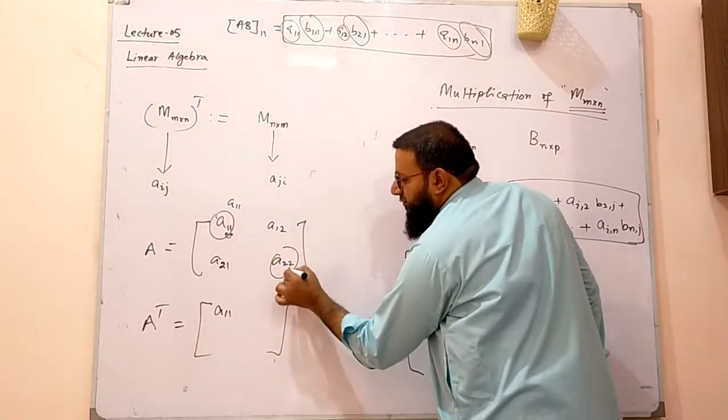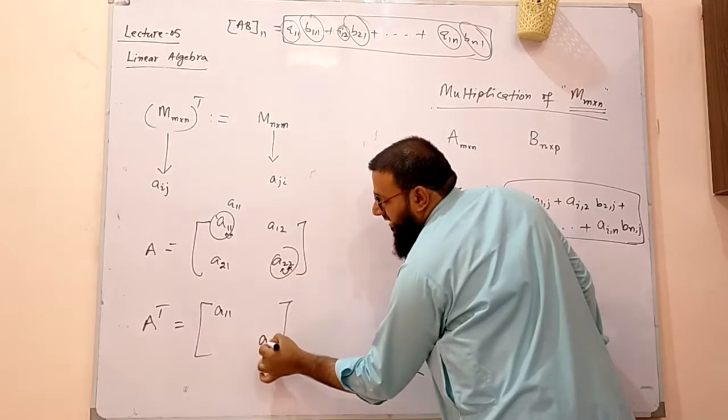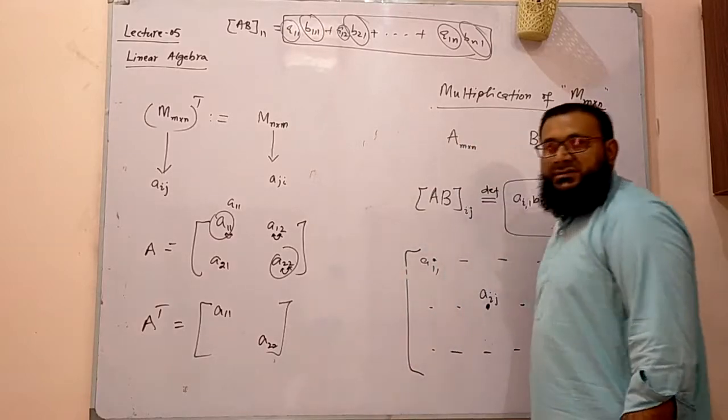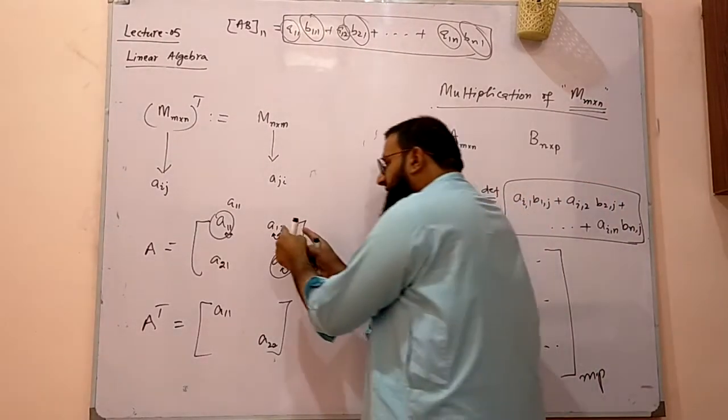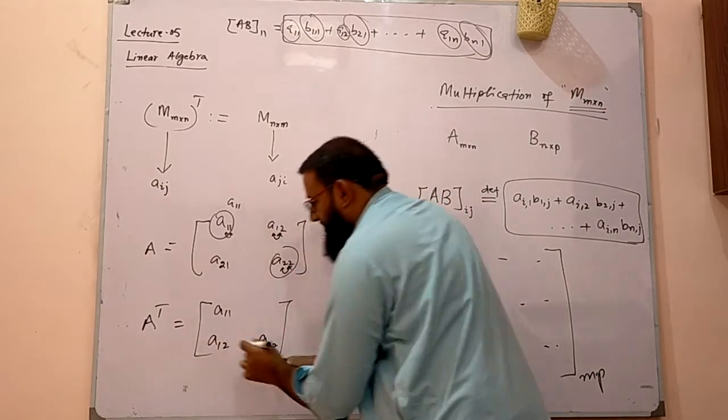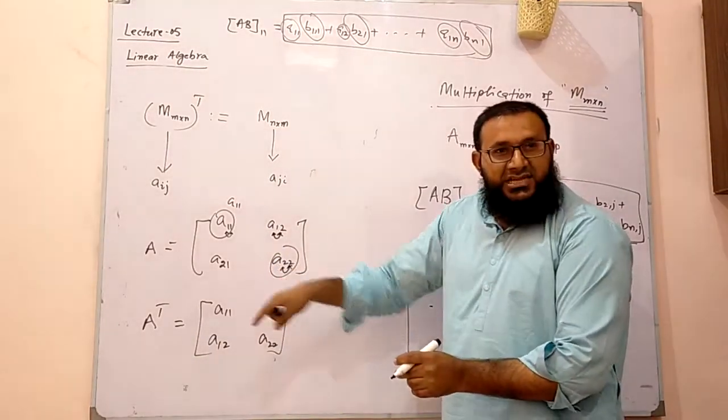Diagonals remain the same. When you replace these two things, it becomes A21. It means you will take this entry and you will place it at this position.